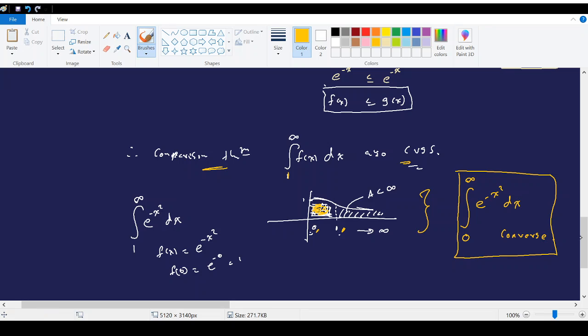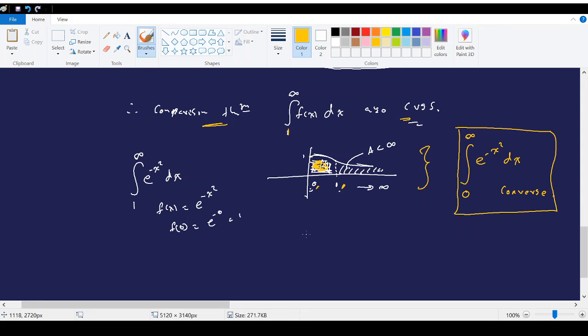So as a result, we can say the area between 0 and infinity of this function can be written as area from 0 to 1 plus area from 1 to infinity. Since both these integrals converge, we can say that the total integral, which is the integral of e to the power negative x squared from 0 to infinity, is convergent. Now you might have a problem here.